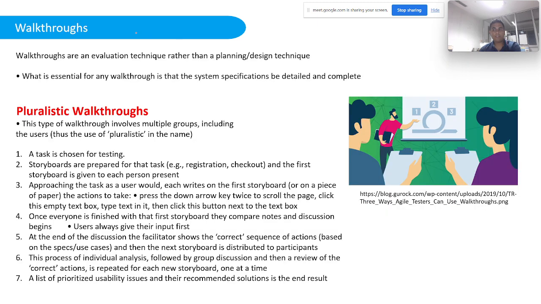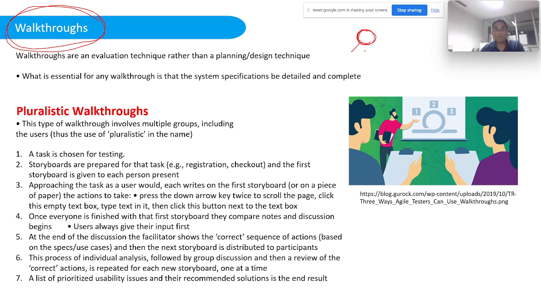Okay, another type of user study technique is walkthroughs. Now, walkthroughs are a bit similar to task analysis. However, this is done not for individual user. So, task analysis is you give a goal and you ask individual user to decide upon particular flow of task, and then after observing or inquiring you break down the task into smaller subtasks.